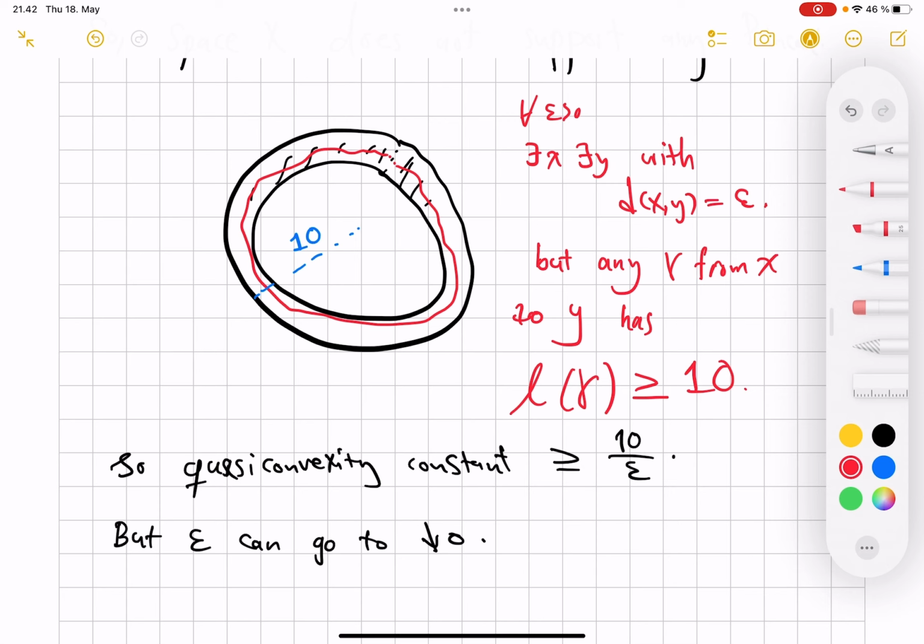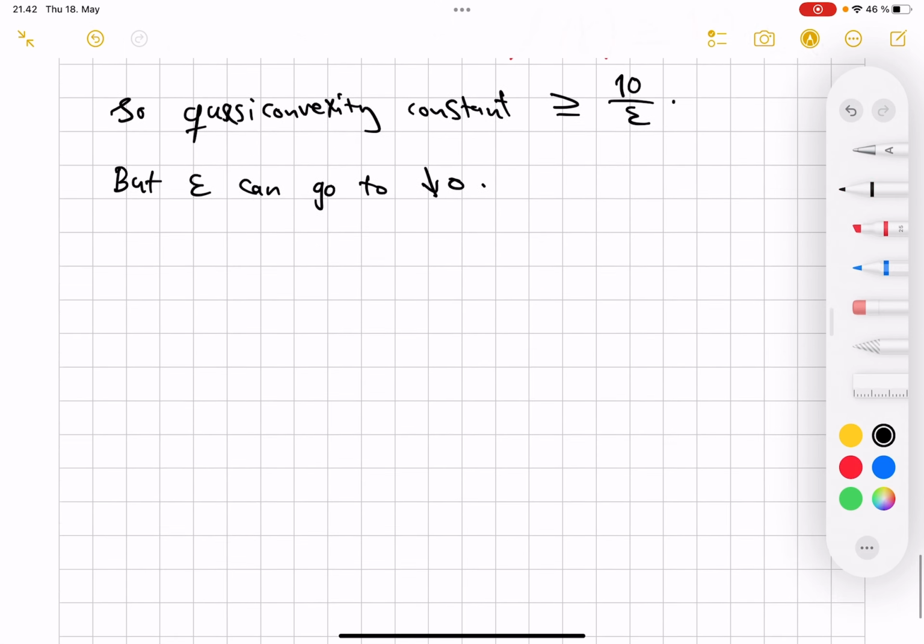And finally, hopefully finally, the slit disk that you will see a lot is the same example that I did with the annulus, and I hope now you agree with me that the annulus is kind of simpler, it is a disk minus one radius. You don't remove the whole diameter because then you also lose connectivity. You want to keep connectivity but kill quasi-convexity.